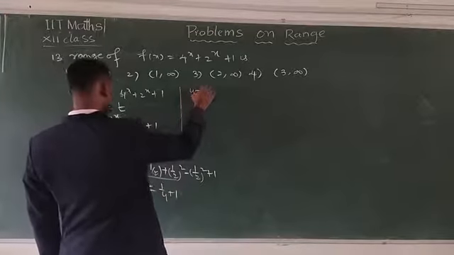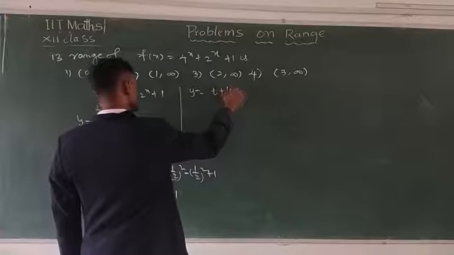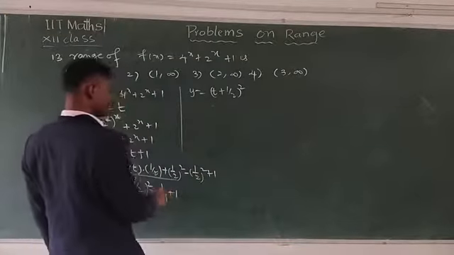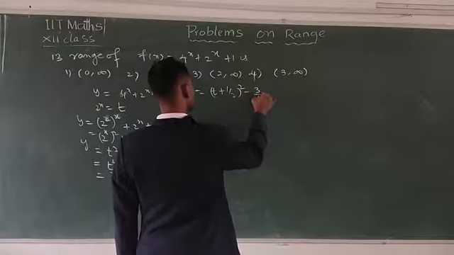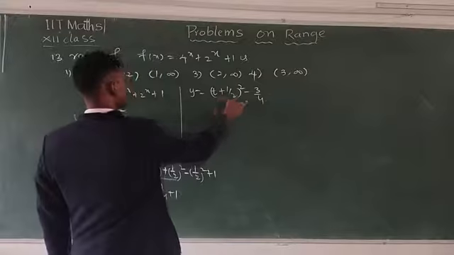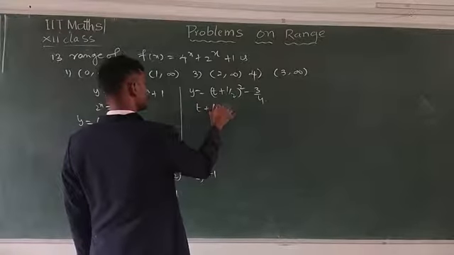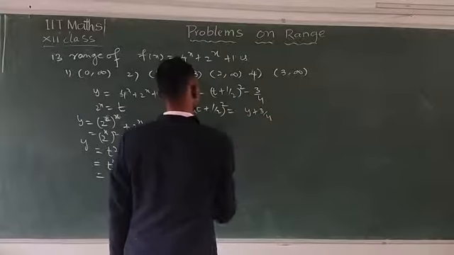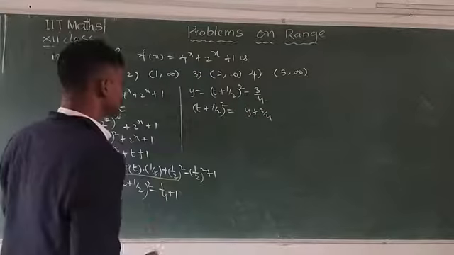Now y = (t + 1/2)^2 + 3/4. Send the 3/4 to this side: (t + 1/2)^2 = y - 3/4.